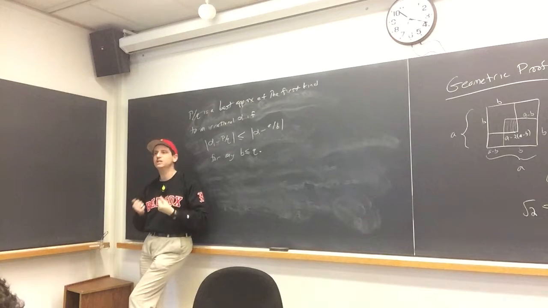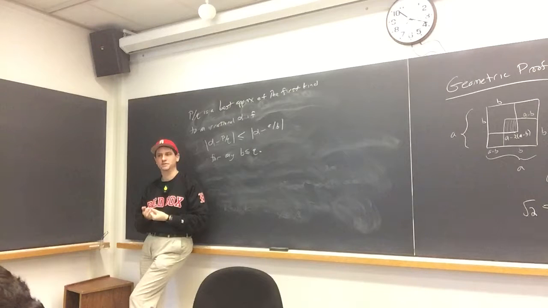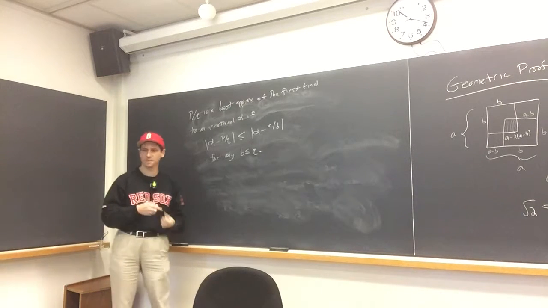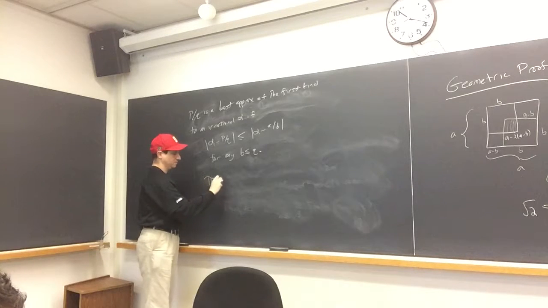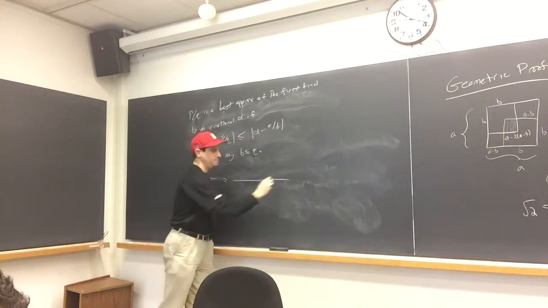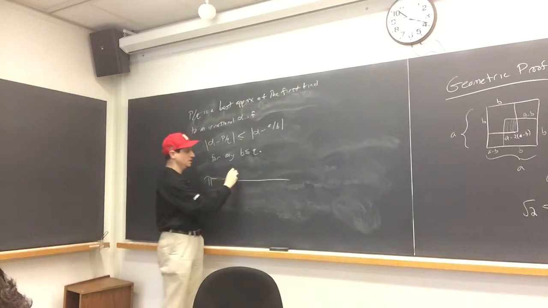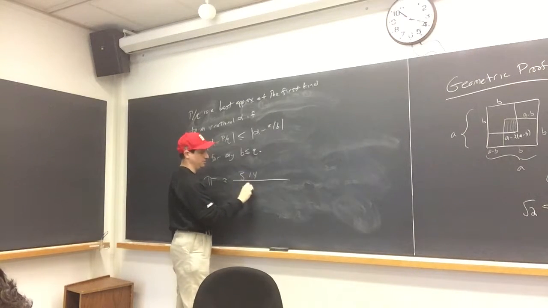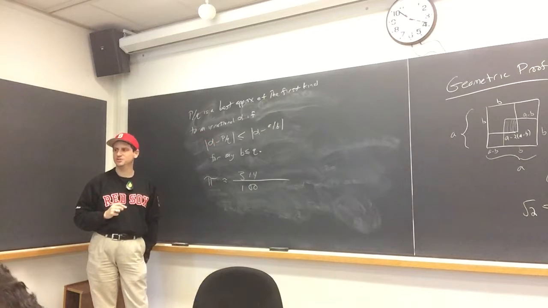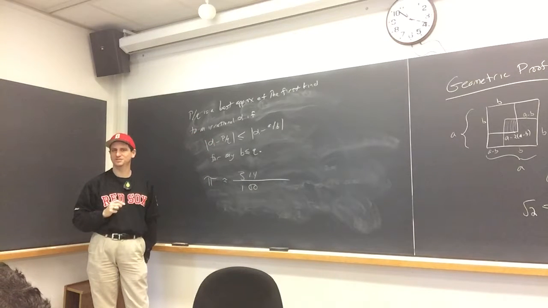If I want to get a really good approximation to pi, can somebody give me a good approximation to pi as a ratio of two integers? So 314 over 100. Give me another approximation that's a little bit better, still a ratio.